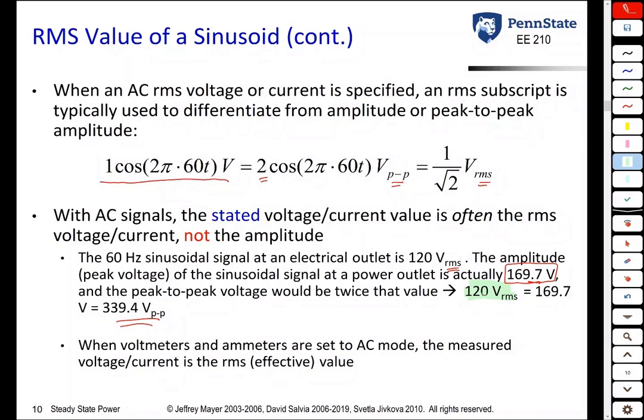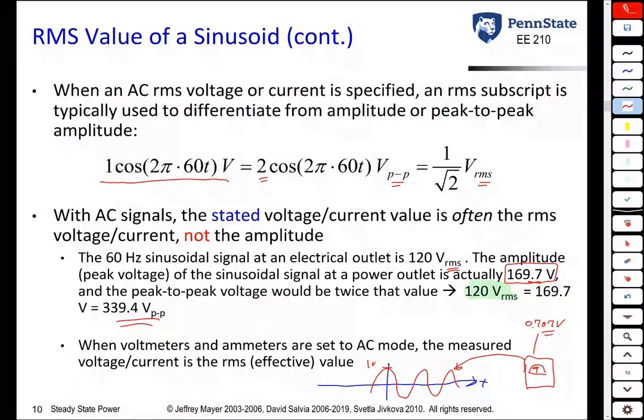Final comment with this is when you're using a voltmeter or an ammeter to measure a voltage or a current in a circuit, when it is set to AC mode, the measured voltage or current is going to be the RMS or effective value. In other words, if you had a signal like this with an amplitude of 1 volt, and you measure it with a voltmeter, it's going to measure not as 1 volt, but 0.707 volts, because the voltmeter automatically calculates the RMS value.